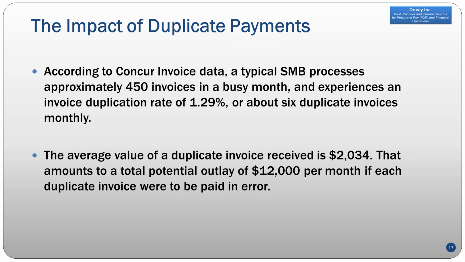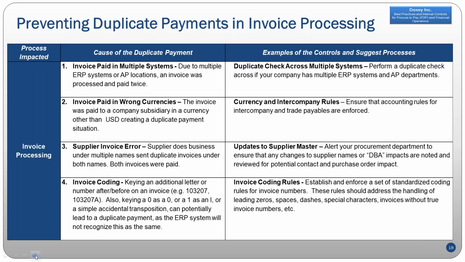If you don't have tools in place to prevent those from being paid, that's the outlay that could be going out the door, which means somebody in accounts payable or finance has to make an effort to collect that money back from a supplier, or use a third party to help, which many companies do.